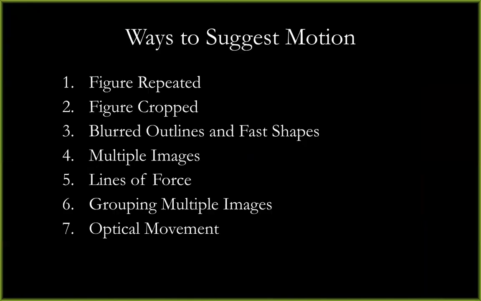So here are the ways you can do it: you can repeat the figure, you can crop a figure, you can employ blurred outlines and fast shapes, you can use multiple images, you can create lines of force, group multiple images, and employ optical movement. So we'll go through those really quickly.